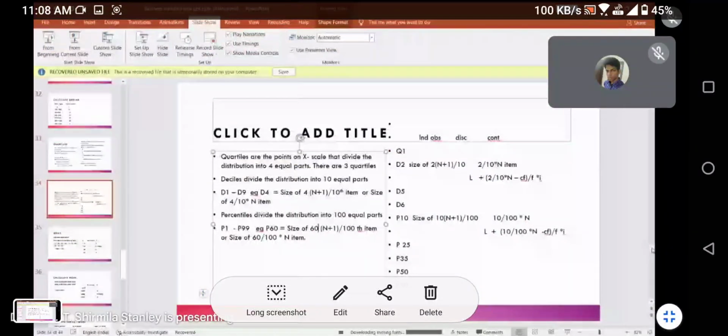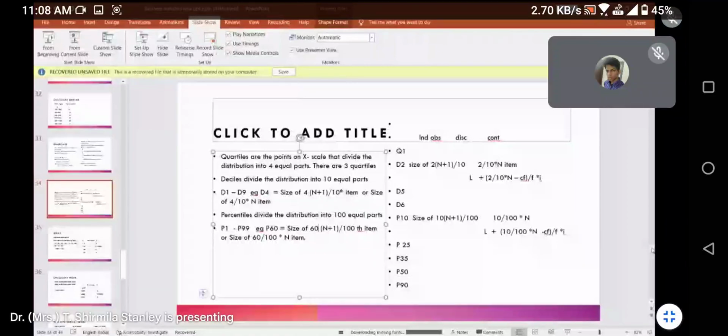The only thing is, certain values you should understand. Like quartile 2, if the same series is given and you're asked to find the decile which is equivalent to quartile 2, what is it? Median. Then which decile will that be?